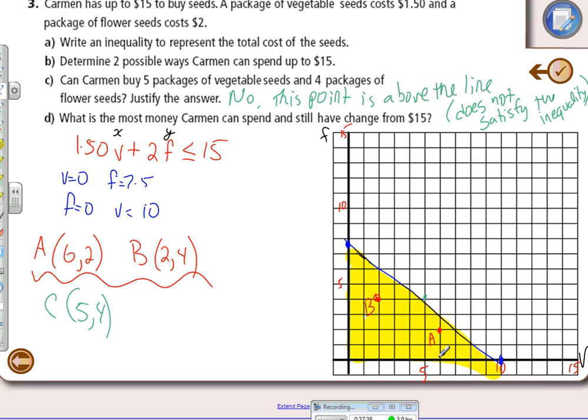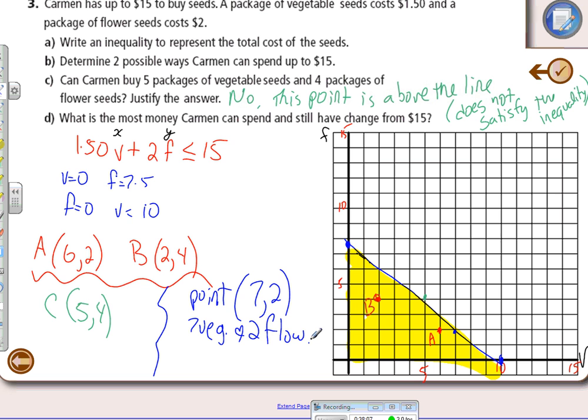What they're suggesting is 7 and 2, which is going to be just below the line. So they're saying here in the answer key that we've got 7, 2, which would mean 7 vegetable seeds and 2 flower seeds.